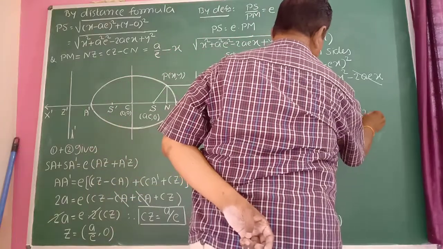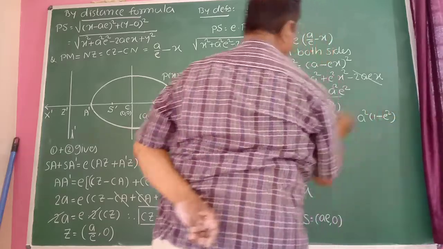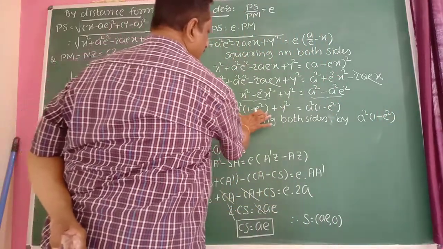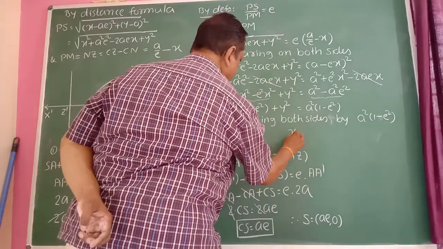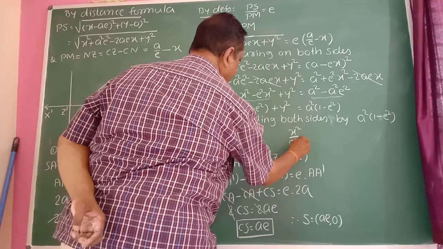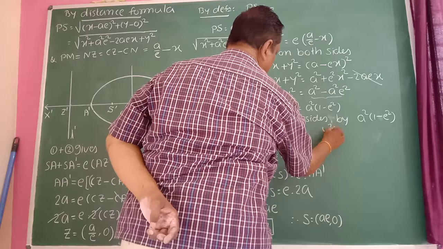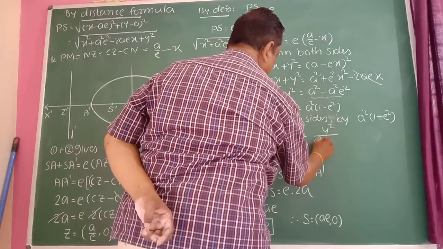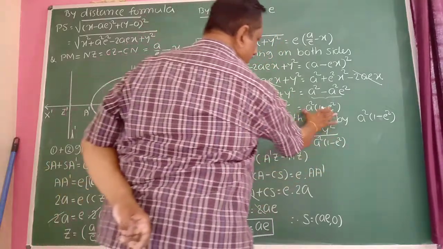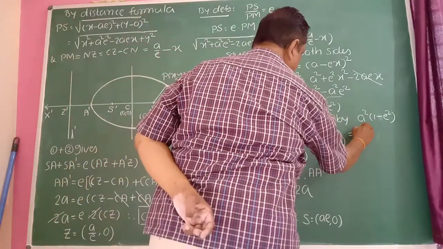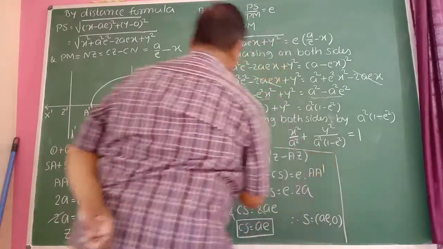This term divided by this term, 1 minus e square cancels, then remaining is x square divided by a square, plus y square divided by a square into (1 minus e square). The right side terms cancel, and remaining is 1.